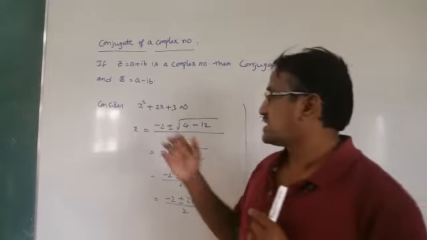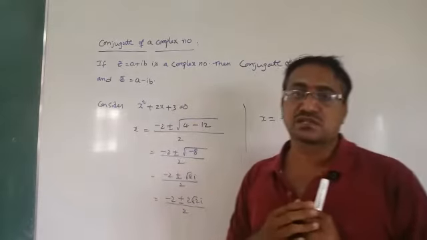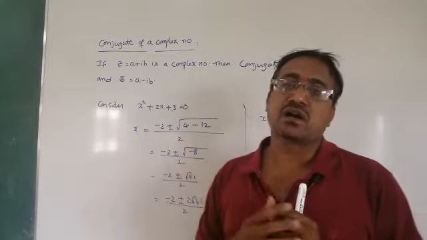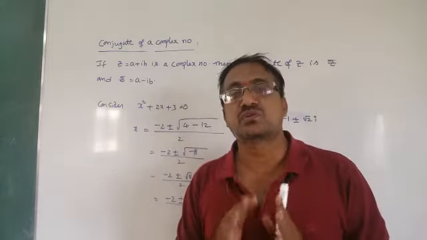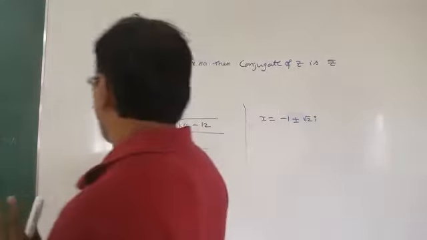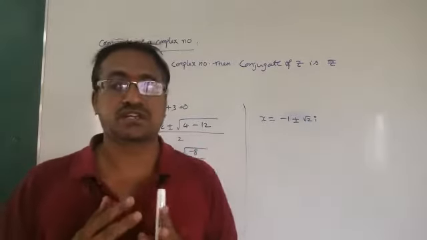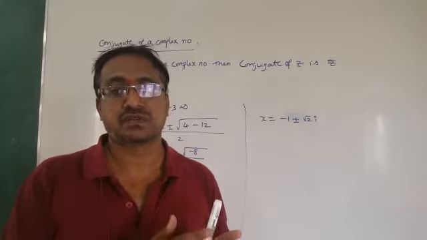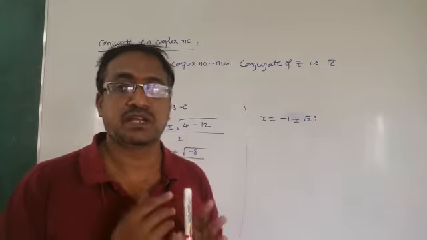Now let us consider the equation x square plus 2x plus 3 is equal to 0. It is a quadratic equation and it has two roots. We find the roots of the quadratic equation by using the formula minus b plus or minus root over b square minus 4ac, all by 2a.